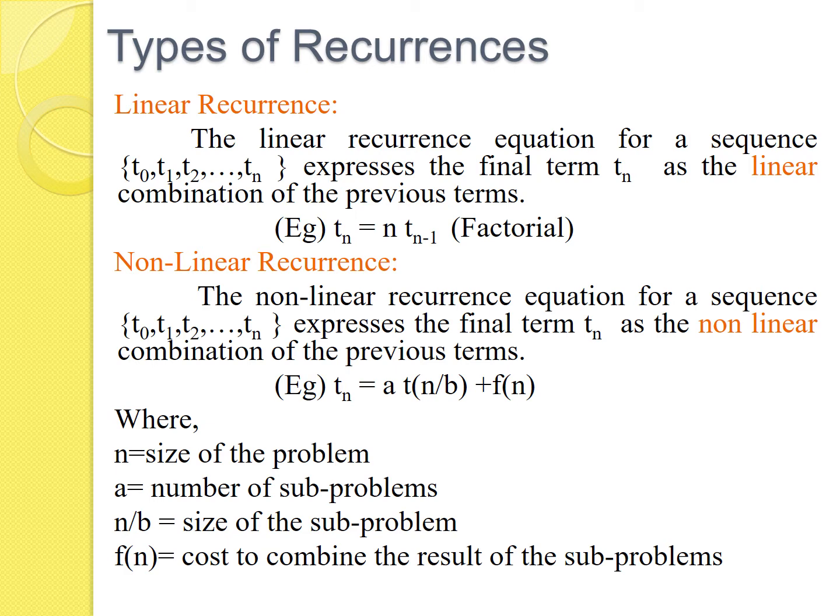Linear recurrences represent the recursive algorithm that contains a recursive call with linear reduction in their input. Hence, the factorial algorithm could be represented as a linear recurrence equation as t_n equals n multiplied by t_(n-1).